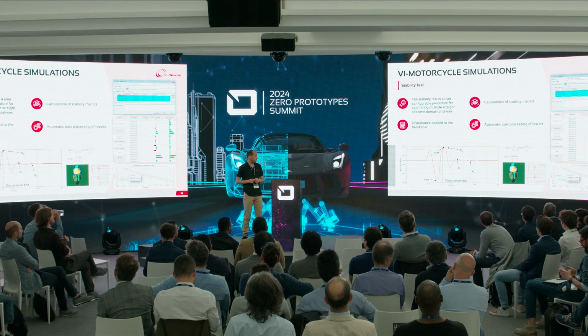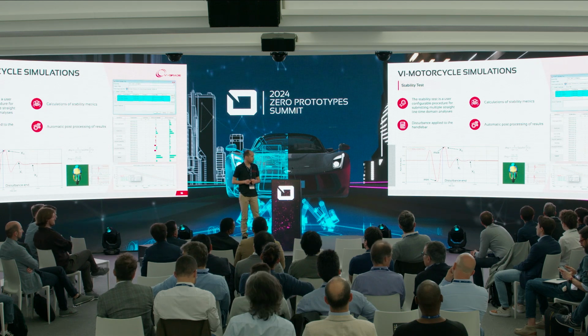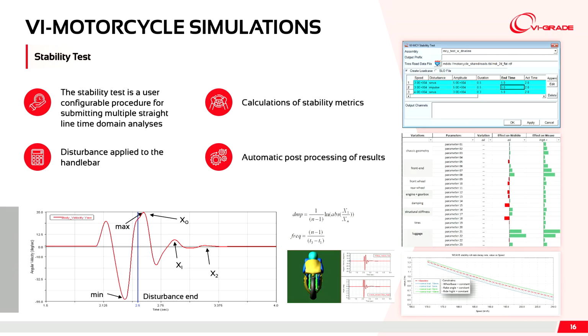Stability is very important, and VI-Motorcycle is pretty good at it because you can simulate and create a very strong model taking into account parameters like the compliance of flexible bodies, which changes the stability of the motorcycle a lot.